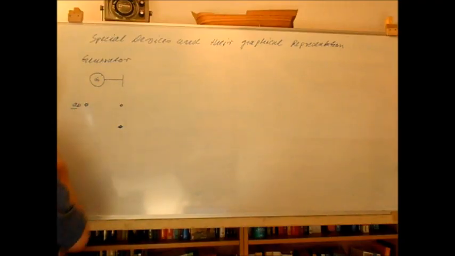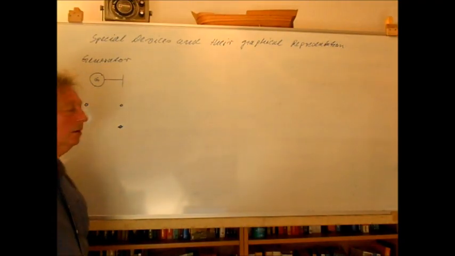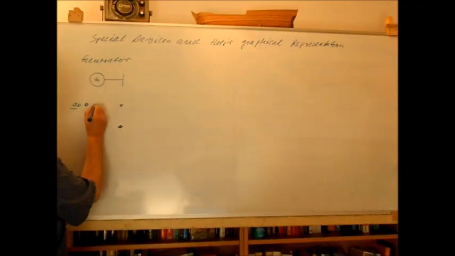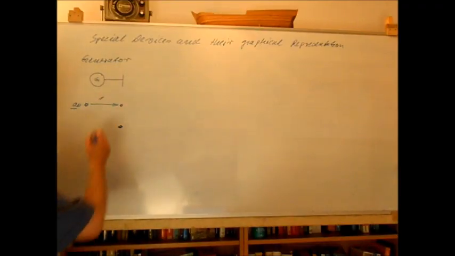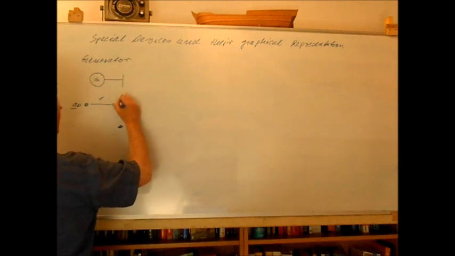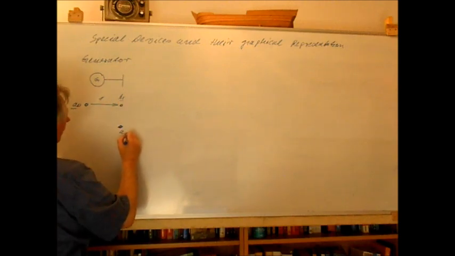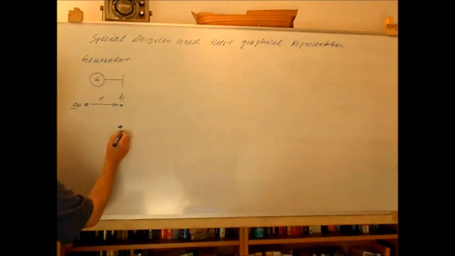The generator will generate this wave amplitude A0, and I assume it will feed this to B1, and here we will have the wave amplitude A1.